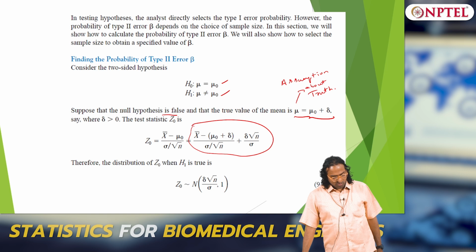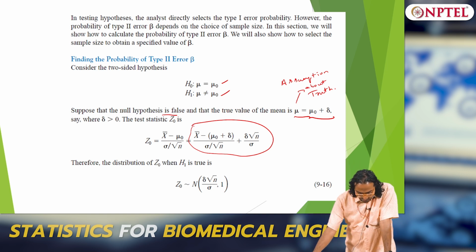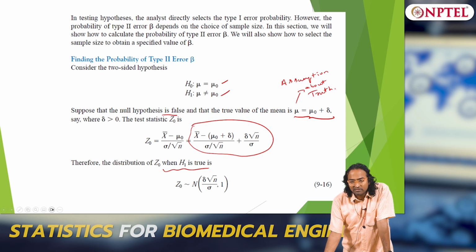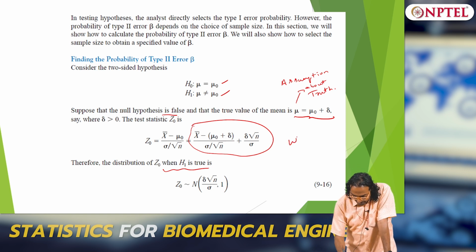Now what is the distribution of Z0 when H1, the alternate, is true? Remember when null is true, what is the distribution?